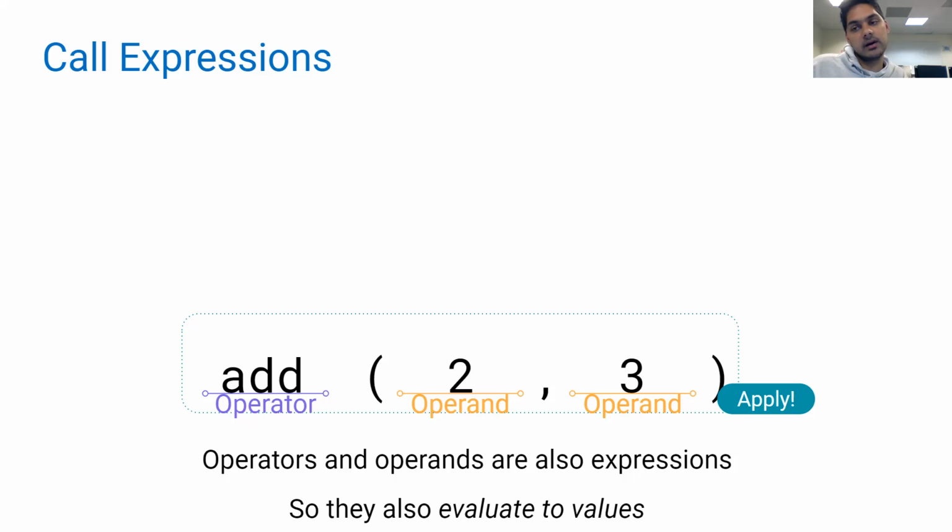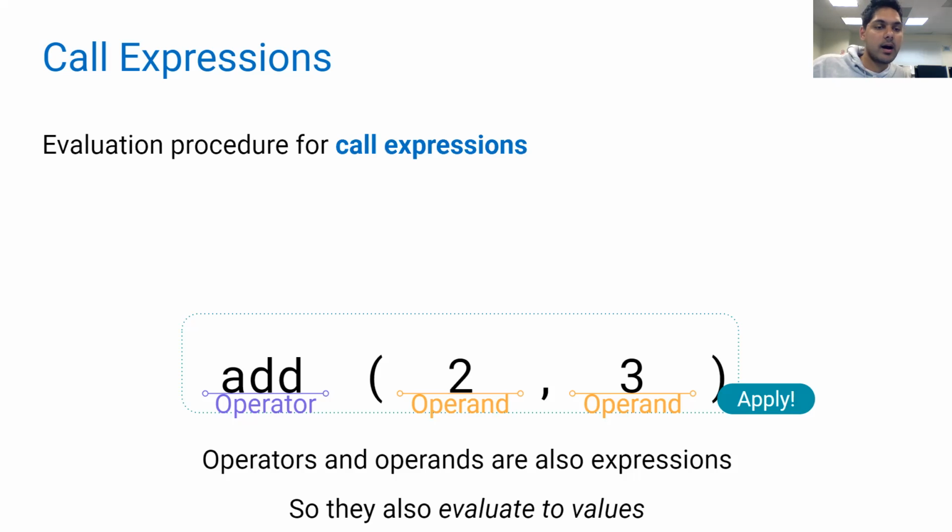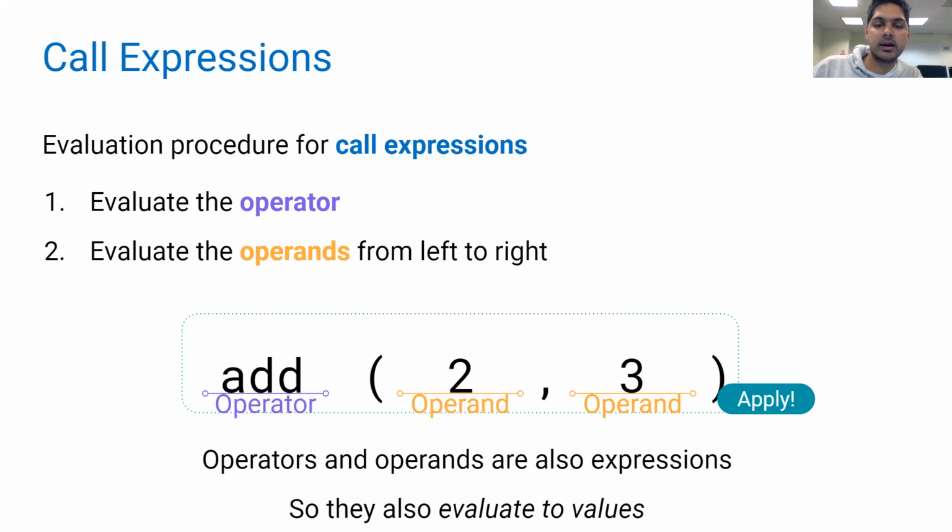So the evaluation procedure. How do we evaluate these call expressions? We first evaluate the operands from left to right. So we start with 2. Can this be simplified further? Well, no, it's just 2.